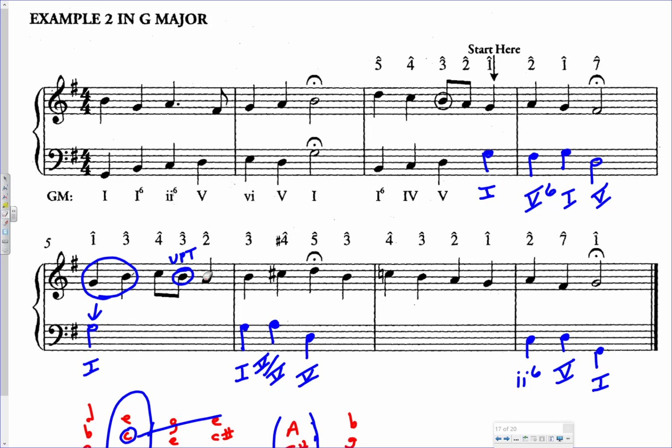And in the last beat I have an A, which I realized could fit in the 5 chord, or it could fit in the 2 chord. But 2 is not the best choice because 2 doesn't like to go to 1 as much as 5 does. So I called this a 5, and I actually put it in inversion and made it 5-6 with the F sharp in the bass.